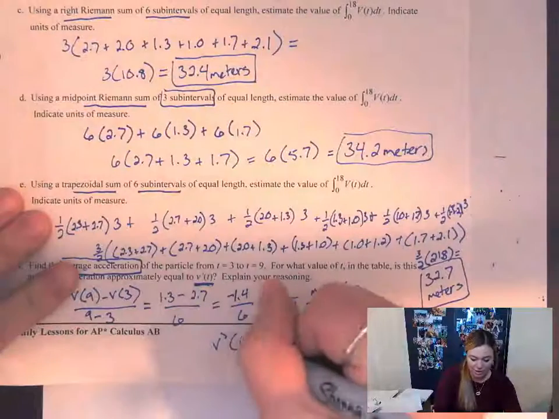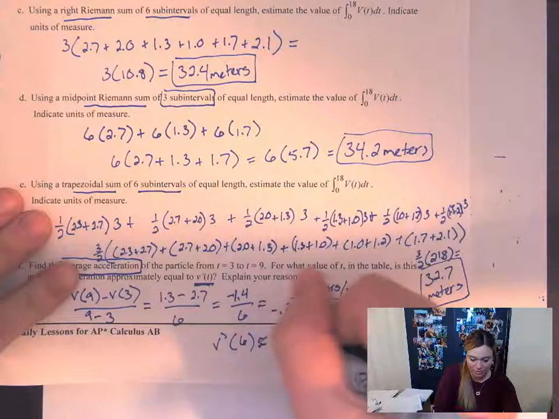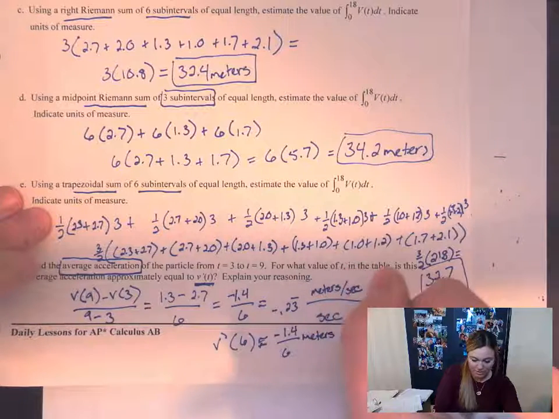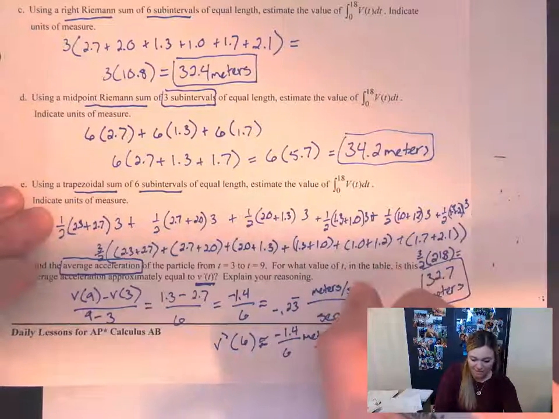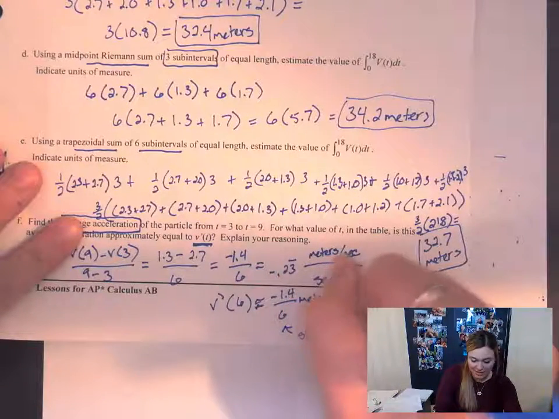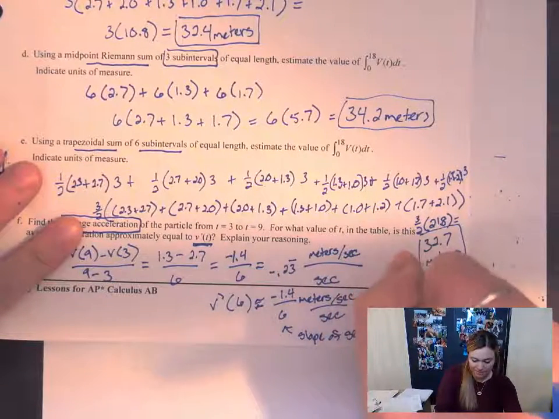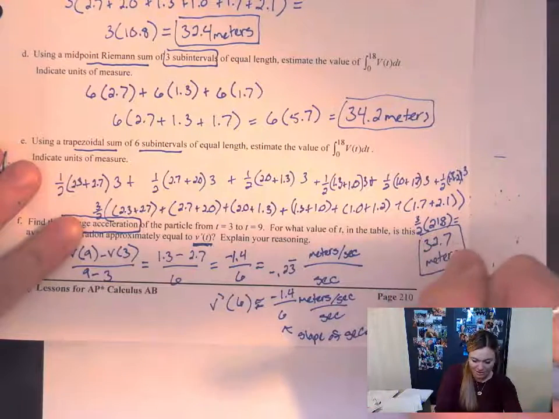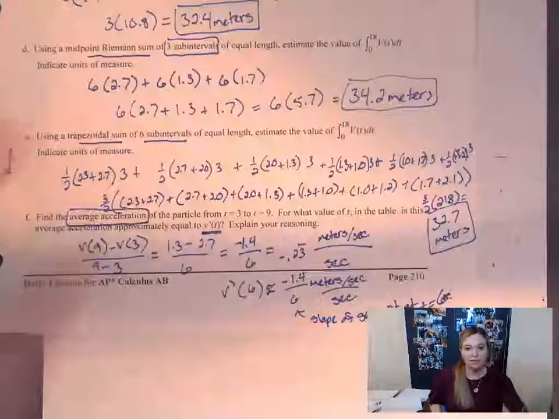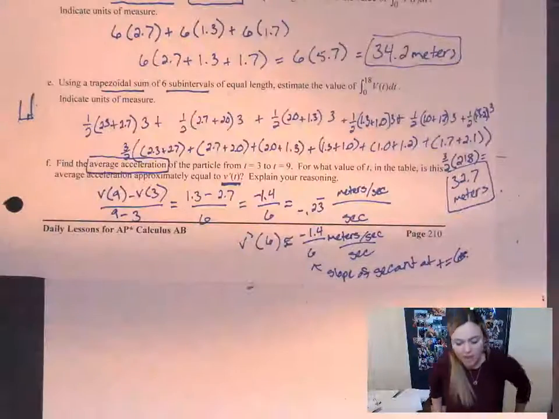So this is approximately negative 1.4 over 6 meters per second squared, because this is the slope of the secant at t equals 6.